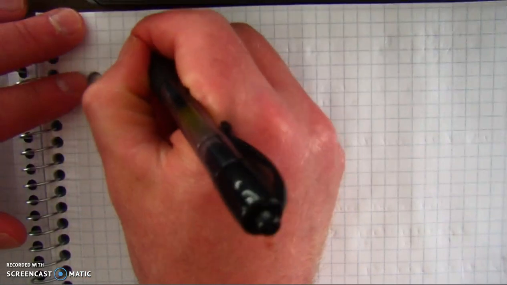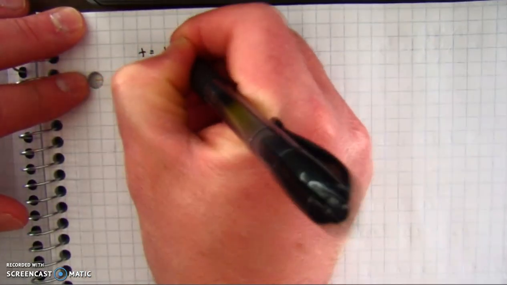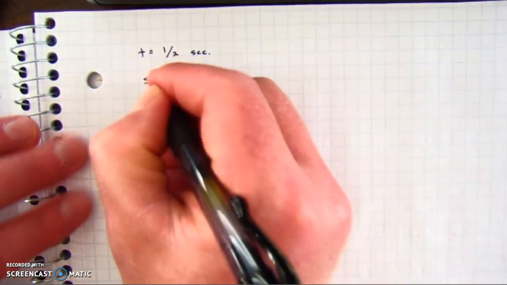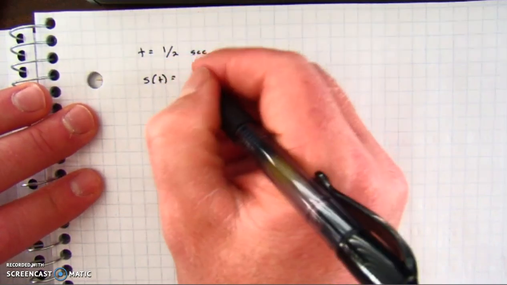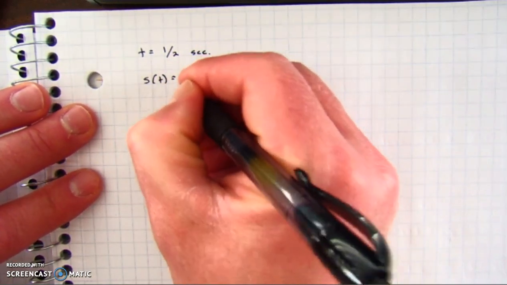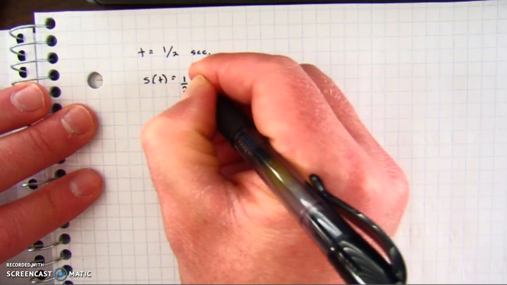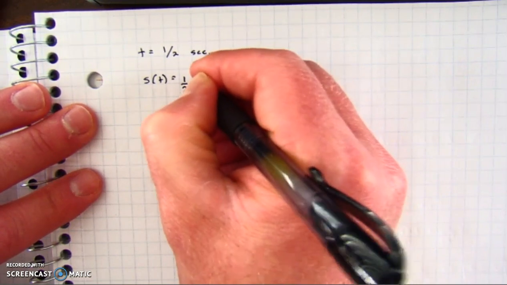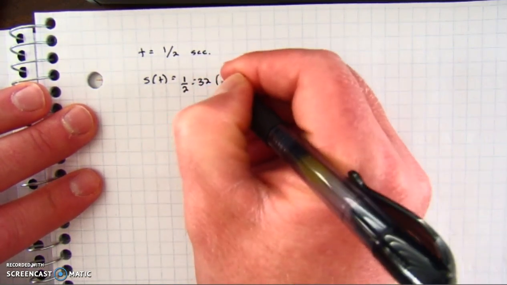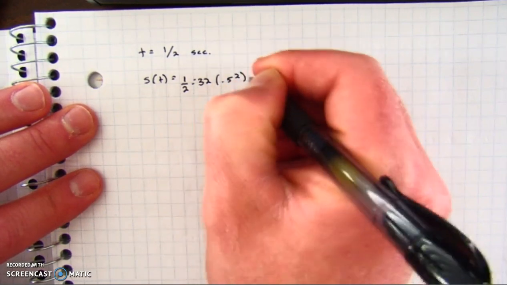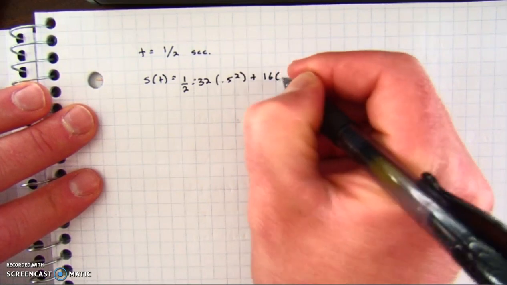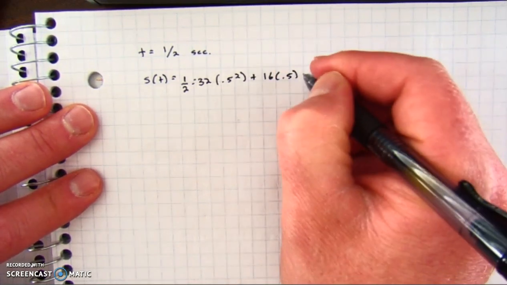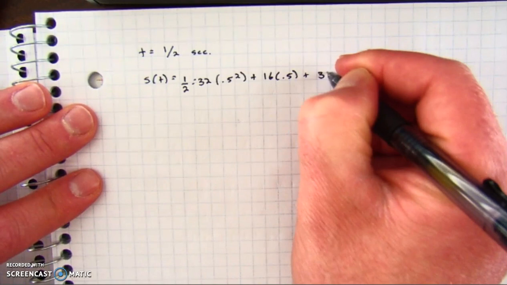Okay, so we have t equals 1/2 a second, and my position at time t equals 1/2 times negative 32 times 0.5 squared plus 16 times 0.5 plus 32.